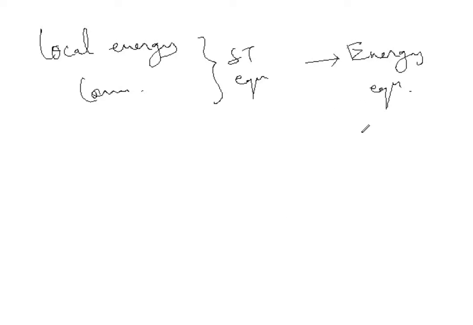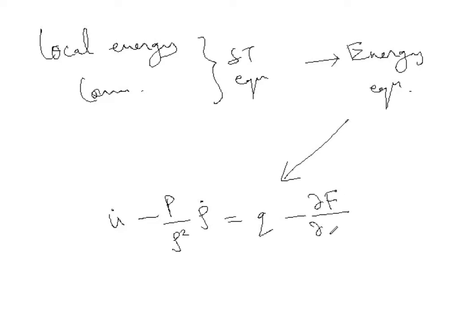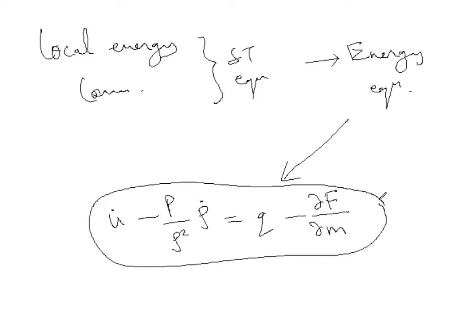Let me write it down. This is what we derived previously: Q minus del F del m. So this is the energy equation, and it tells us about local energy conservation in stars.